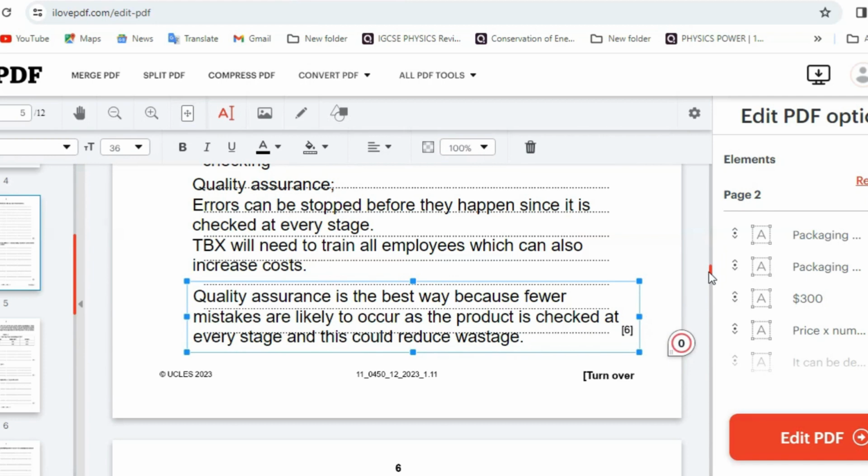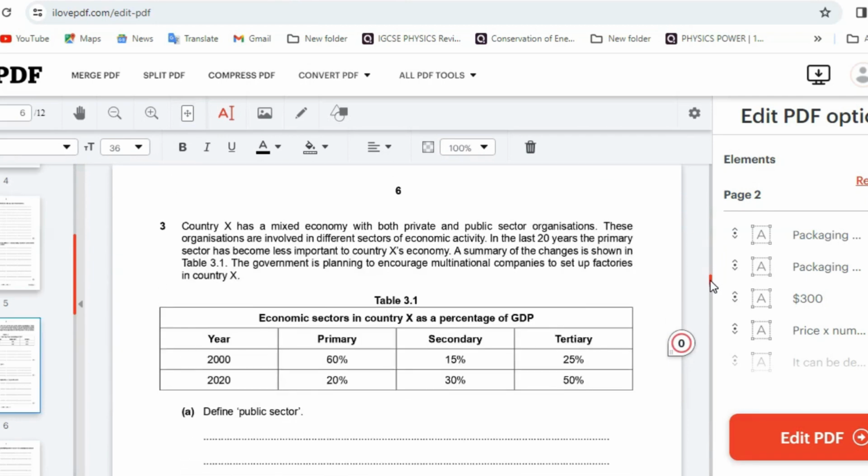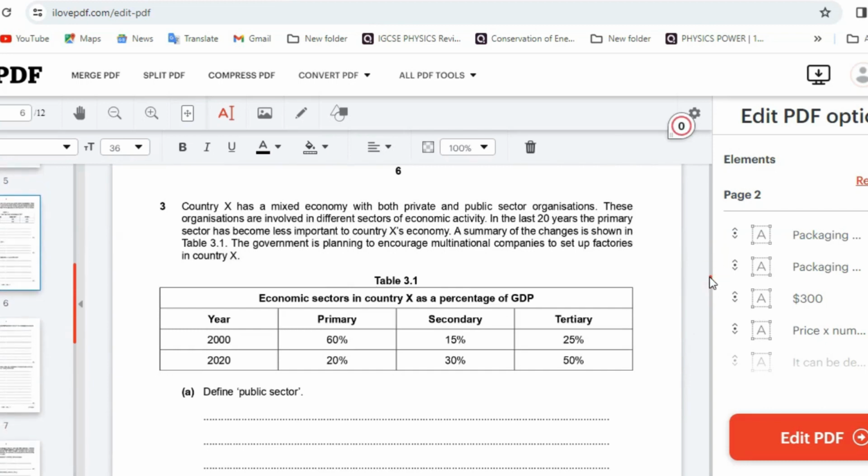Now let's move to the next question. Okay, we have question 3A. In question 3A, we have appendix 2, which says country X has a mixed economy with both private and public sector organizations. These organizations are involved in different sectors of economic activity.